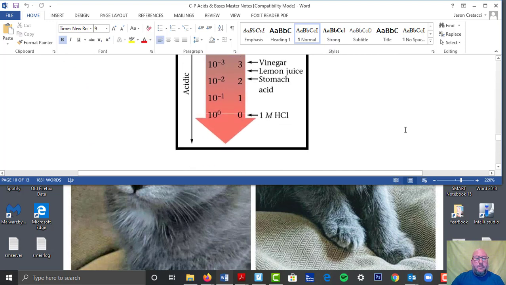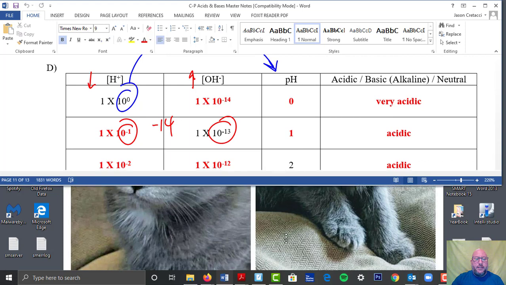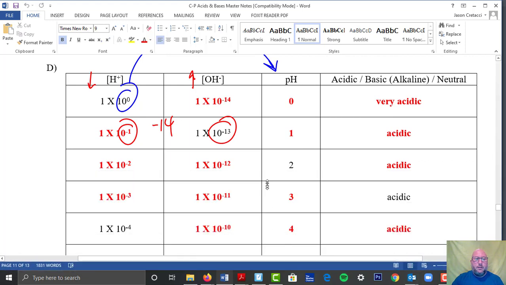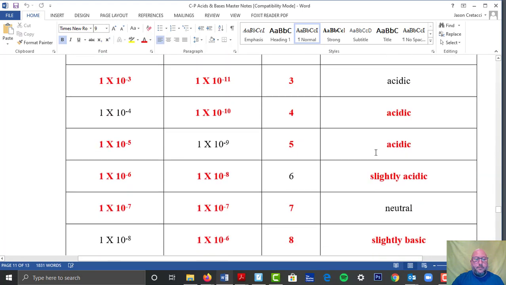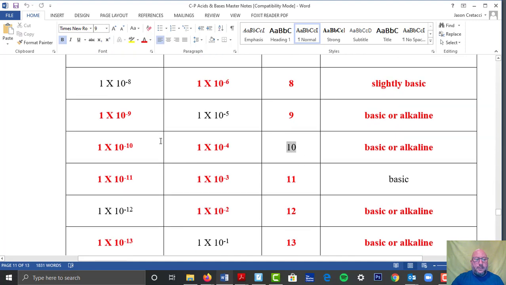So I gave you a little bit of a pH scale there and a little bit of a summary table here at the end of this topic. As one goes up, the other goes down. And notice that the pH is always equal to the negative of this exponent here.